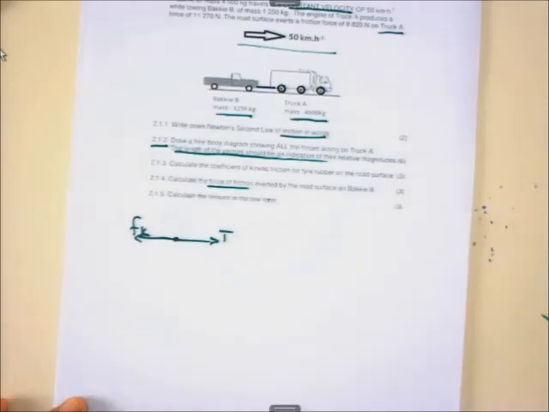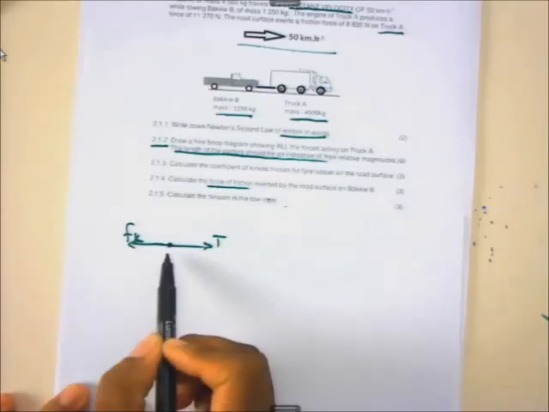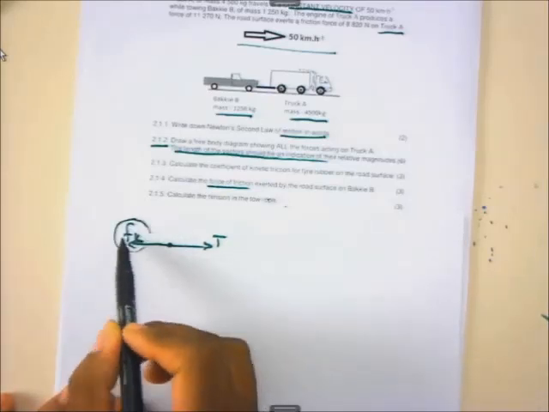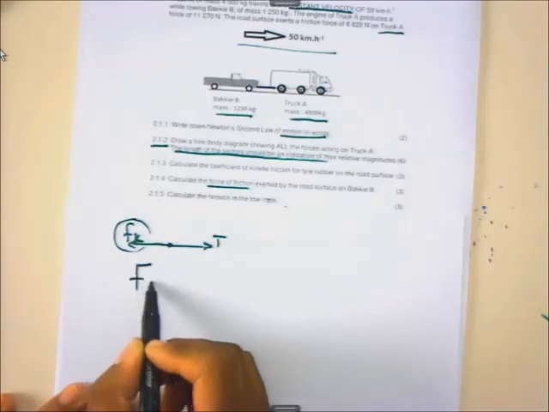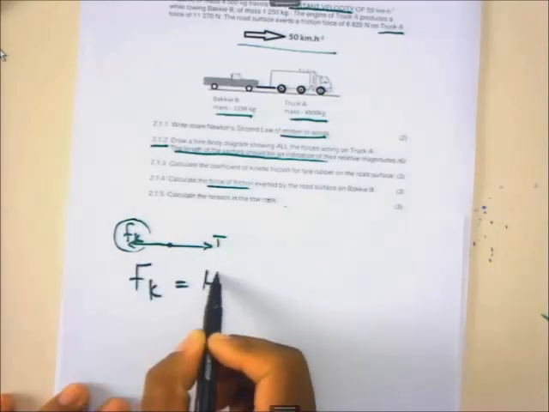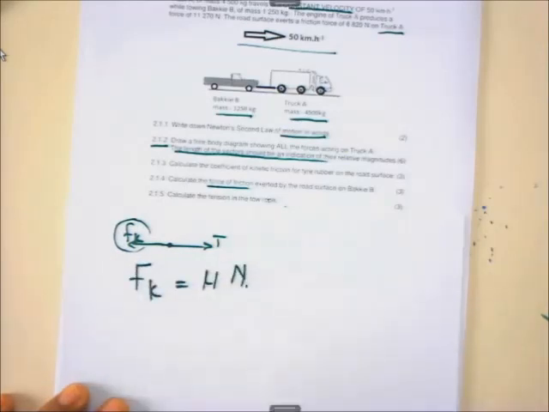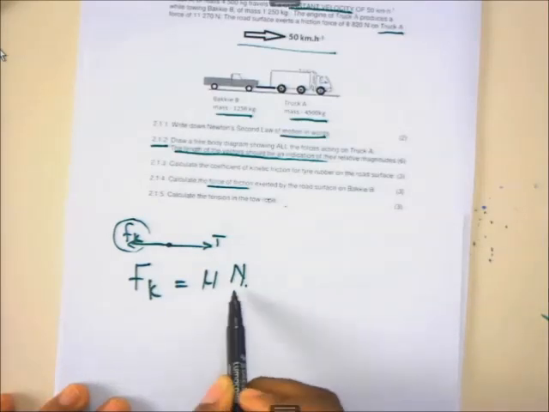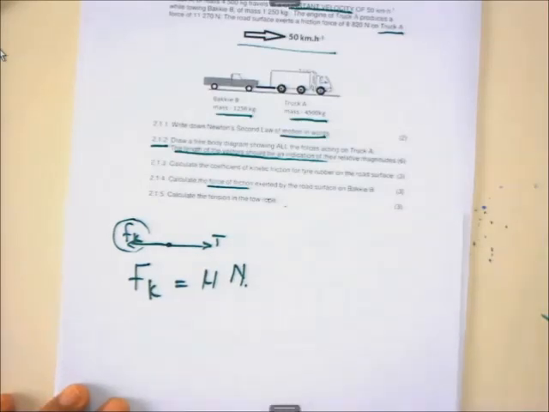The first thing that we must do is calculate the kinetic friction. But how do we calculate this? We cannot calculate it if we do not use this equation: F kinetic is equal to the coefficient times the normal force. But we must also have the magnitude of the normal force.